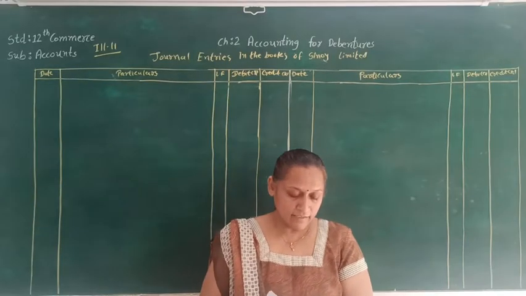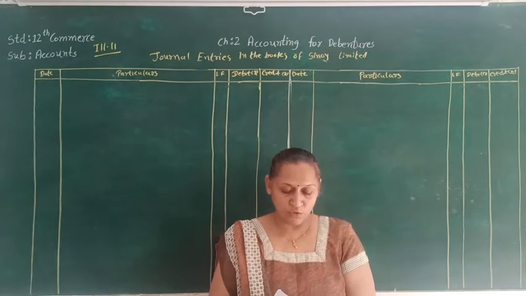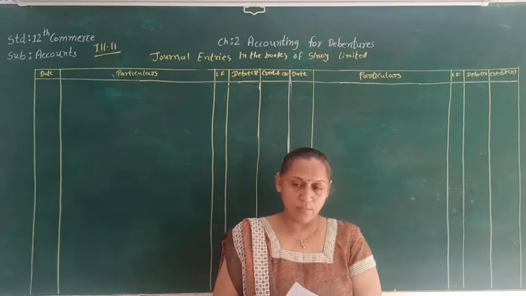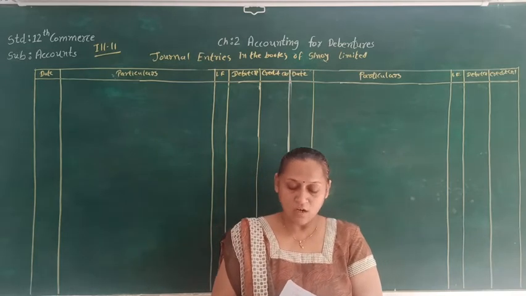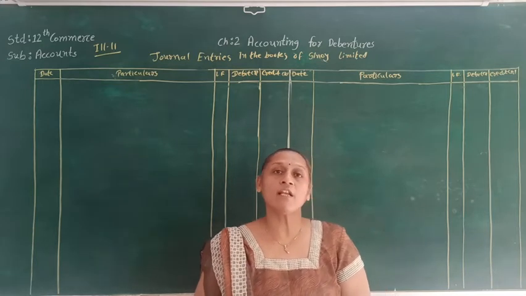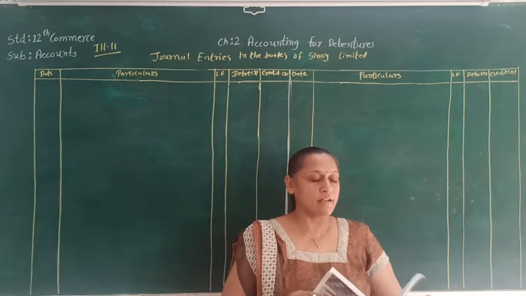Let's start illustration number 11. Sinoy Limited issued 15,000 11% debentures of rupees 100 each on 1st April 2017. So here Sinoy Limited has issued debentures. Let's pass the journal entry.